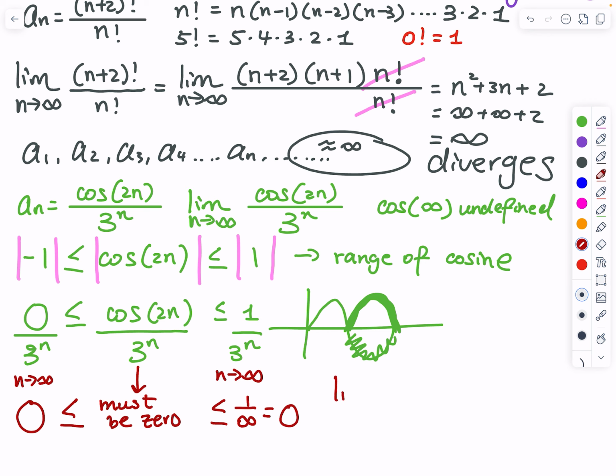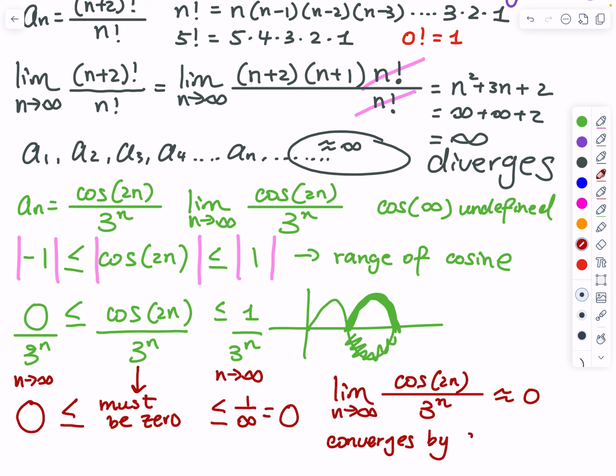That also tells me the limit as n approaches infinity of cosine 2n divided by 3 to the nth power is 0. So the sequence converges by the squeeze theorem.